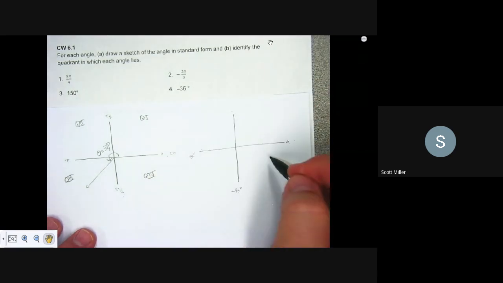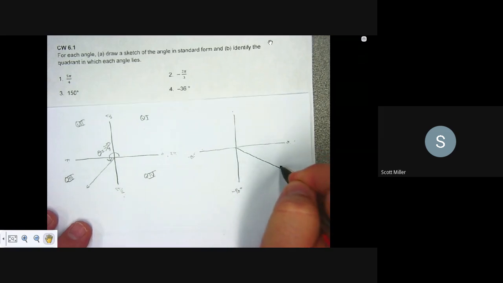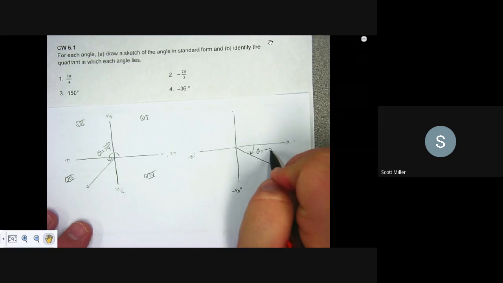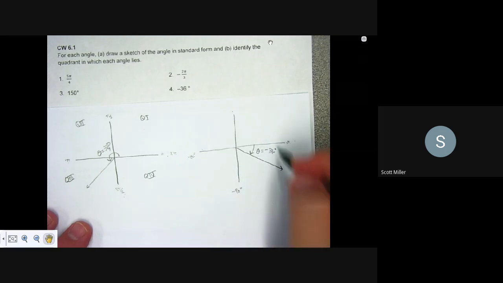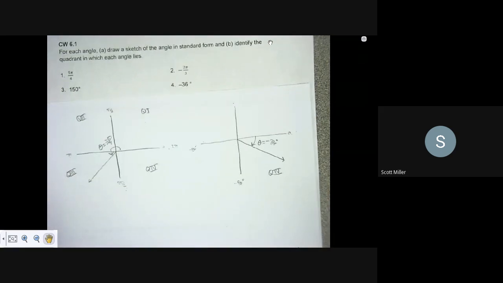So negative 36 is somewhere down here. So we would just draw a line over here. This angle right here, theta, is negative 36 degrees. And we can see that we are in quadrant 4. So that's how you do negative angles. And you can do the other ones if you want to practice more. If you have questions, we can ask them during class.